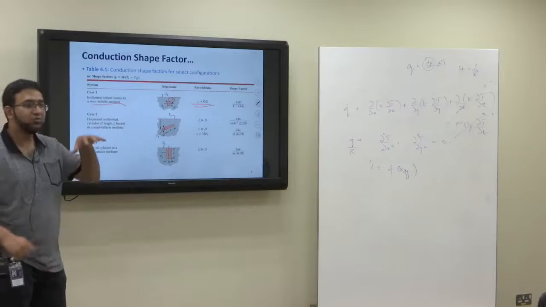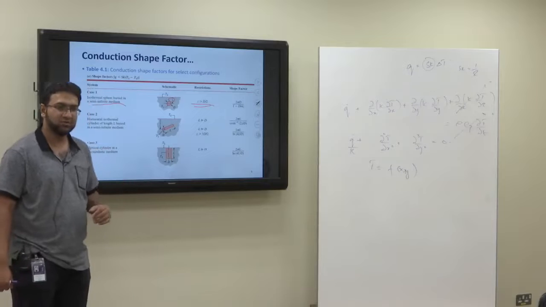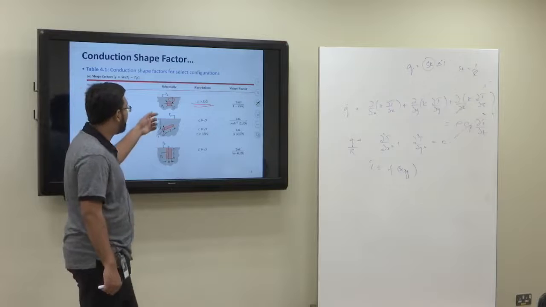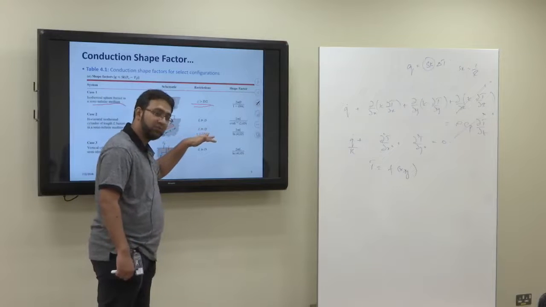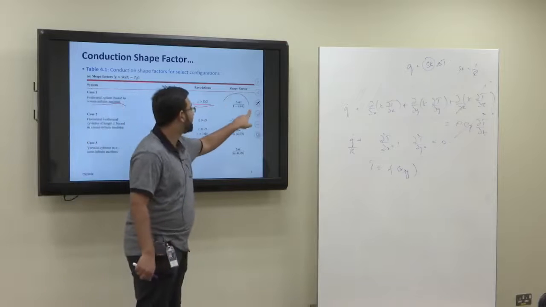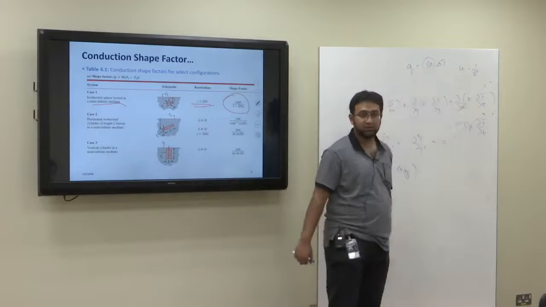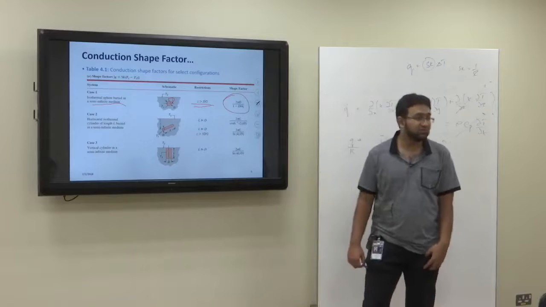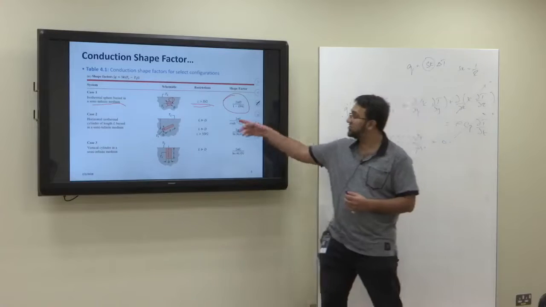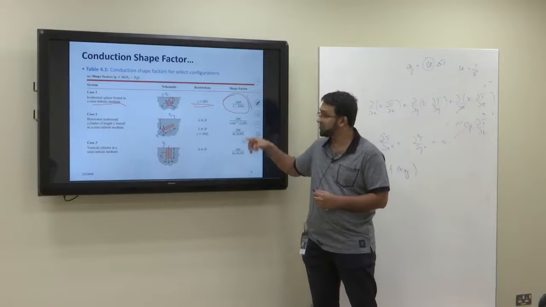That means the ball should be much deeper in the water, not close to the surface. So the ball should be fully dipped in water. If the ball is fully dipped in water, then we can use the shape factor, this approximation here, to find out the heat transfer from the ball to the water. But if this condition is not satisfied, then we cannot use this formulation.